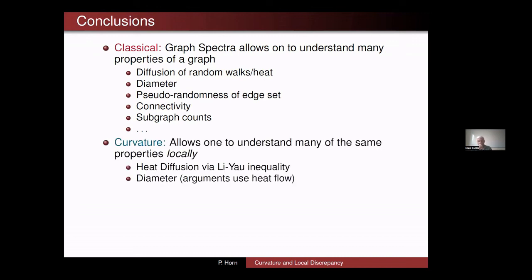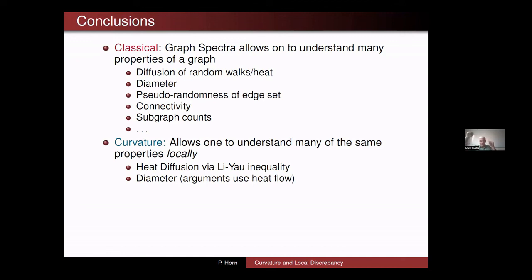Now what I want to say is that these notions of curvature that have been developed allow you to understand many of these same properties, but coming from much more of a local perspective. So you can understand heat diffusion and therefore random walks by first understanding them locally through this Li-Yau inequality, which tells you how the heat evens out at each vertex.